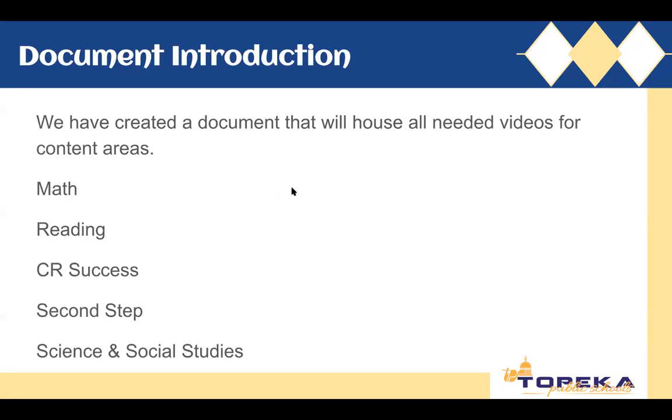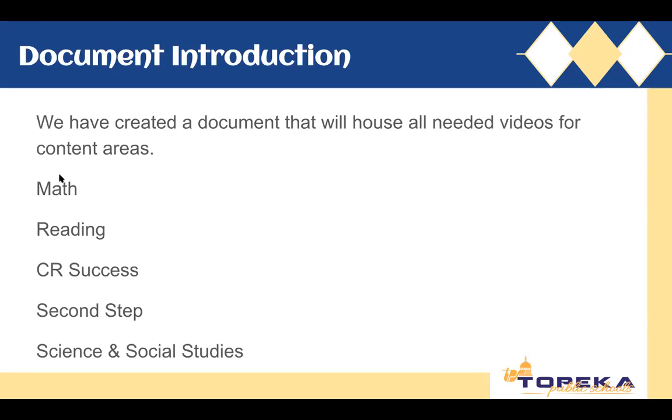So we have created a document that houses everything that you need for all content areas. It has videos and it has all sorts of things. We are going to go through that document step by step with you. A lot of you have probably already seen it. But we want to make sure that there's a common understanding of what each column means and how to use it.